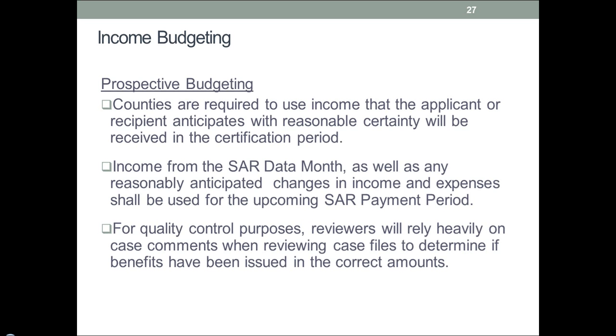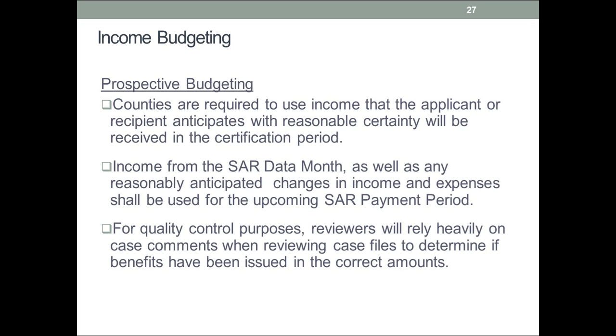We have had numerous conversations with the USDA quality control folks. They're the ones who do the case reviews. And it has been made clear, and we're making it as clear as we can to the counties in our communications, that when these cases are reviewed, there has to be clear documentation in the case record as to how those income and expense amounts were arrived at.